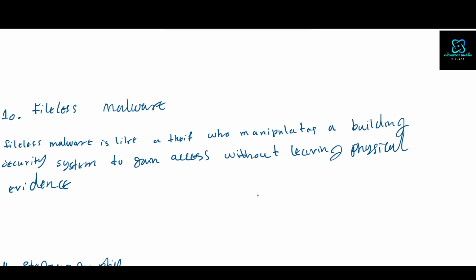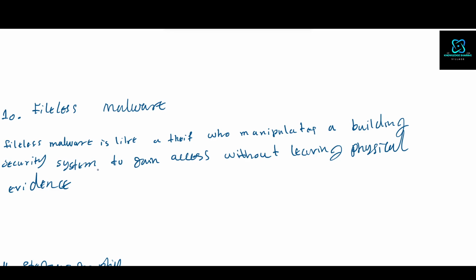But if it runs in the RAM, it does not have any file like that. The goal is to erase any physical traces of the malware being there in the first place. Fileless malware is like a thief who manipulates the building security.